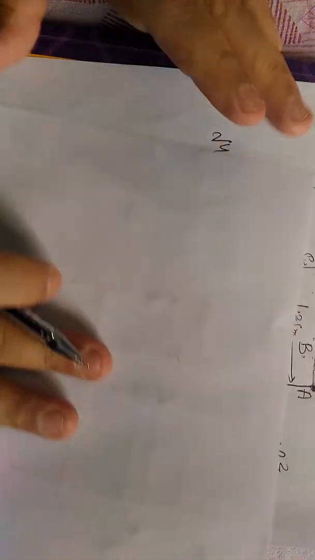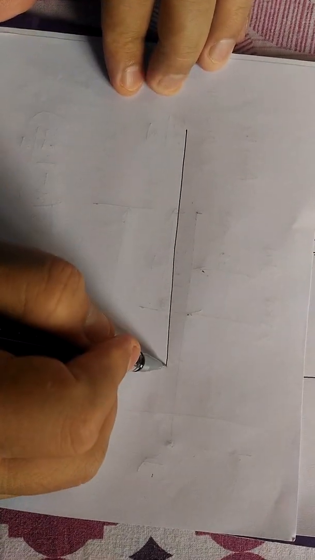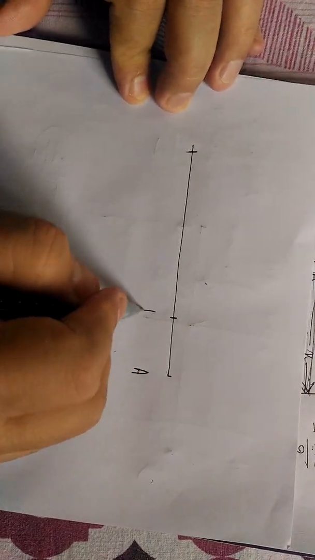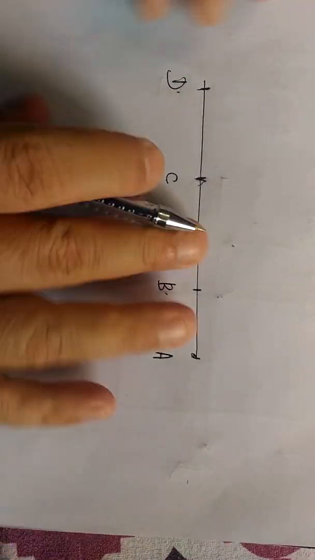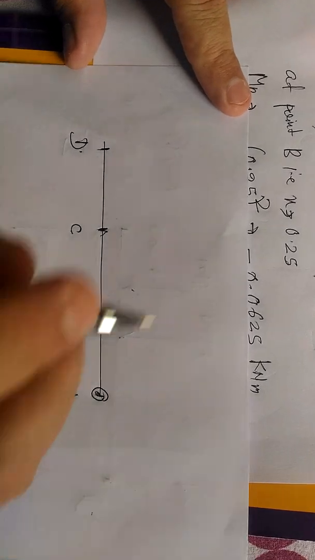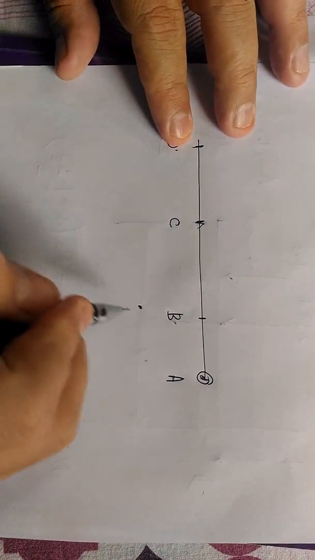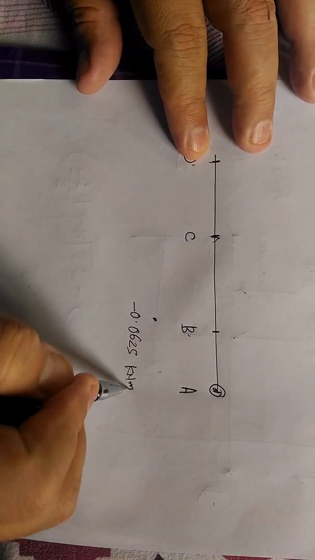So now we'll draw the bending moment curve. So draw the cantilever beam, mark the salient points A, B, C and D. The value of bending moment at point A was 0. At B, minus 0.0625 kilonewton meter.